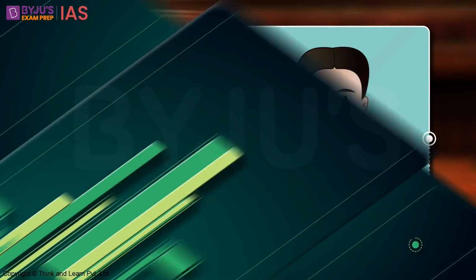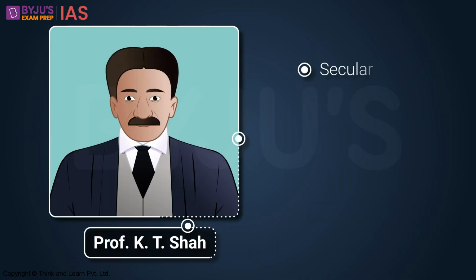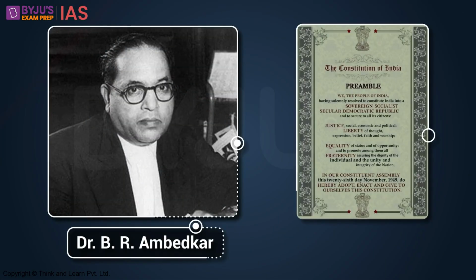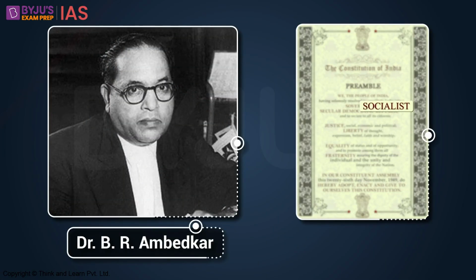Professor K.T. Shah moved the amendment to insert secular, federal, socialist in the text of the preamble. Dr. Ambedkar was opposed to the amendment as a whole and called it superfluous. His response specifically explained his unwillingness to incorporate socialist in the preambular text.